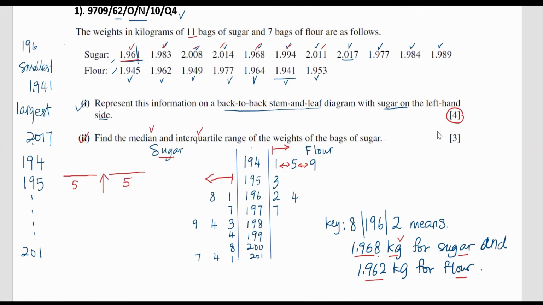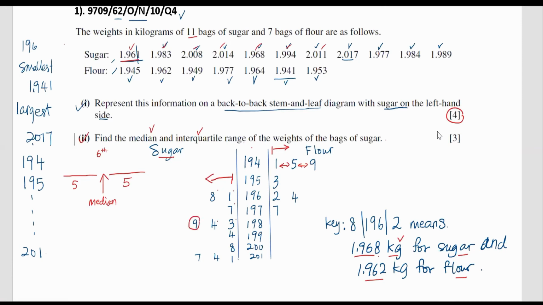So the data that lies exactly in the middle will be the 6th data, and this will give us the median. So let's count from the stem and leaf diagram: 1, 2, 3, 4, 5, and 6.